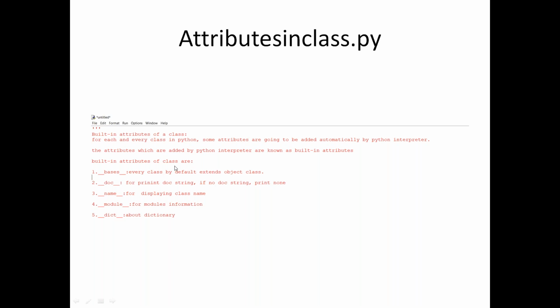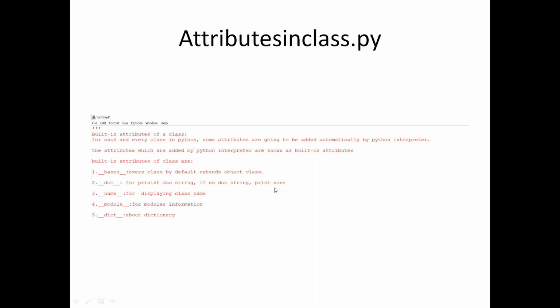So the built-in attributes of a class are __base__, since every class by default extends the object class, and __doc__, which prints the doc string; if there are no doc strings, it prints None.